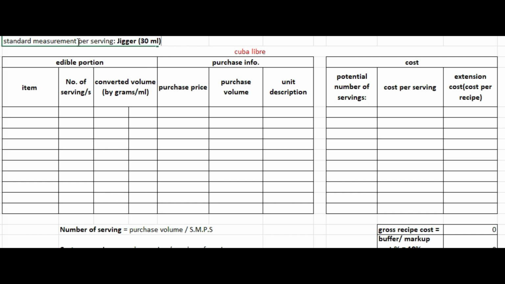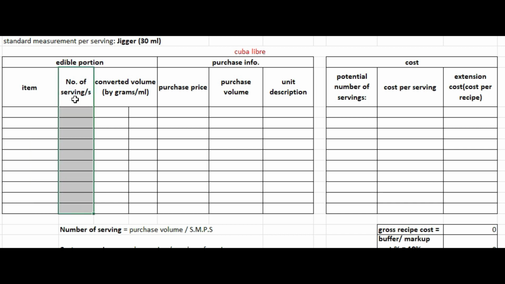Yet in this costing, we will be using 30 ml as the standard measurement for every serving. Again, every serving in this costing refers to the volume of your measuring utensil in every mixing. It doesn't mean the entire recipe.